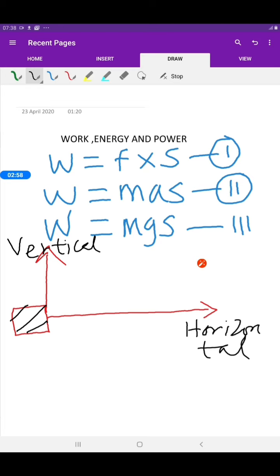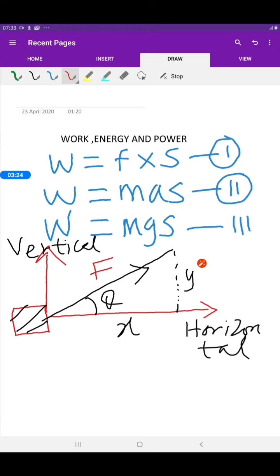That means it depends on the angle at which you are pulling it. Let's assume that we are pulling it at this angle, so we can resolve the force this way. We have the horizontal component, we have the vertical component. So this vertical component, let's call it y, and let's call the horizontal component x, and this is the force that is pulling the object this way.